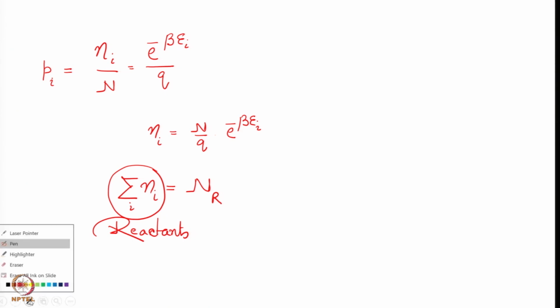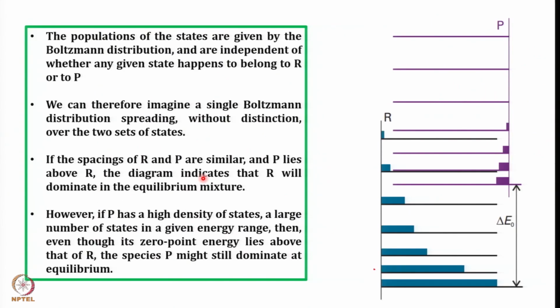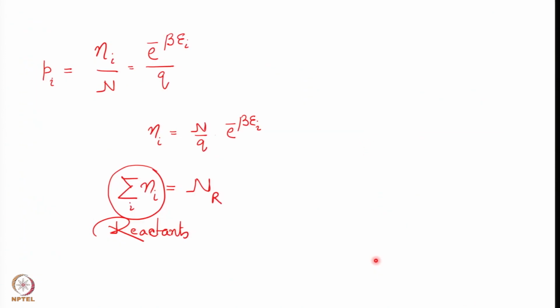Do not get confused between this N and this Nr. This is the total number of molecules and this is the number of molecules which are in the reactant side. Going back, that means I am talking about the number of molecules which are here in the reactant side. Then this will be equal to summation.